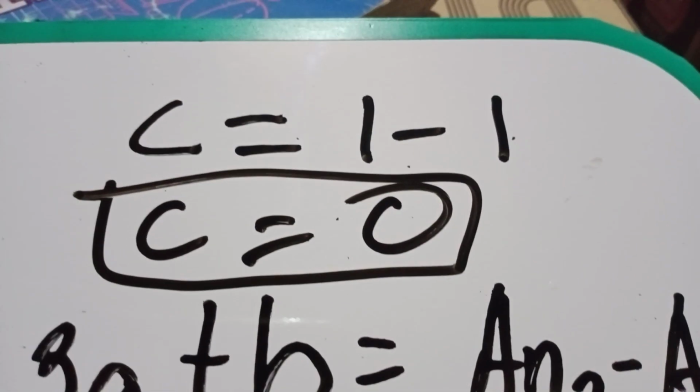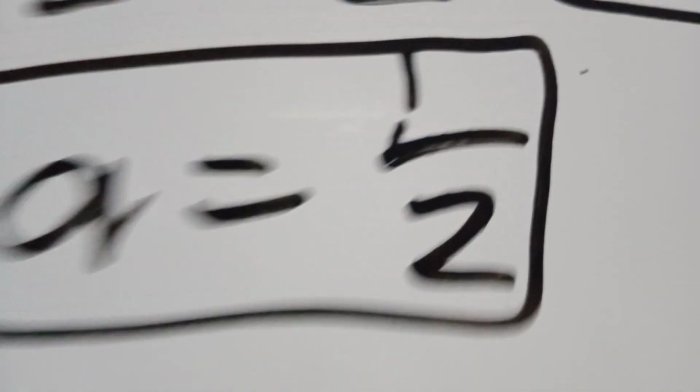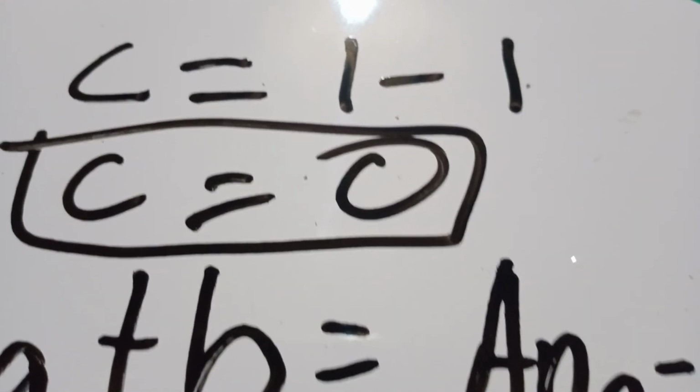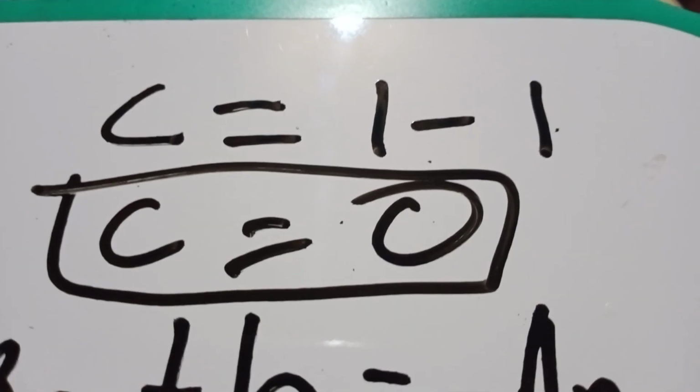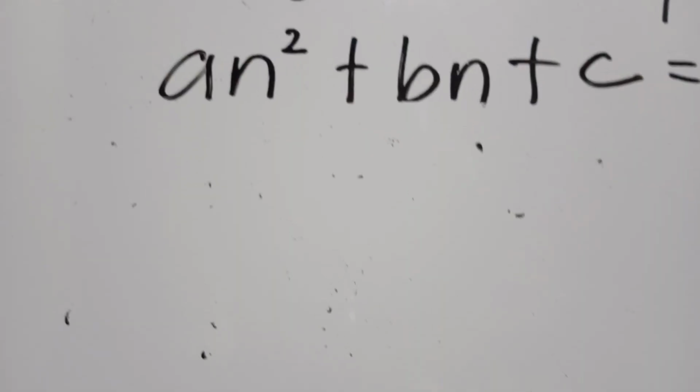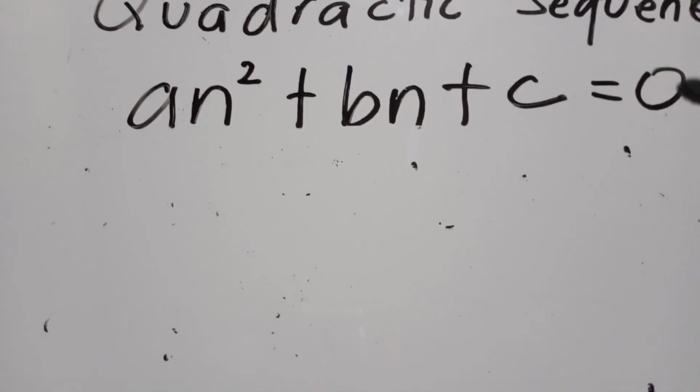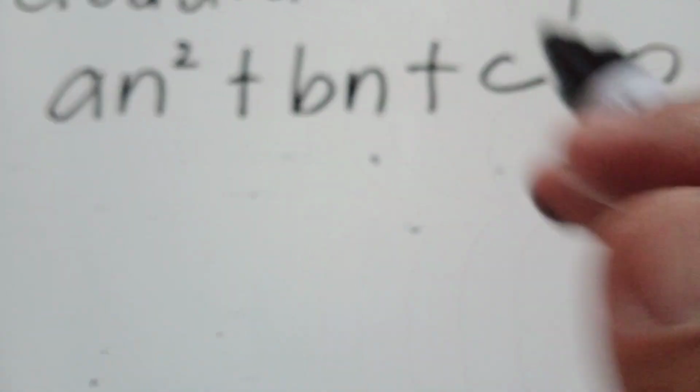Class, now that we have the values of a, b, and c, we can substitute them into the quadratic formula, an squared plus bn plus c.